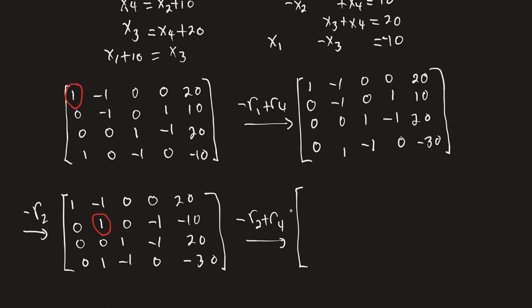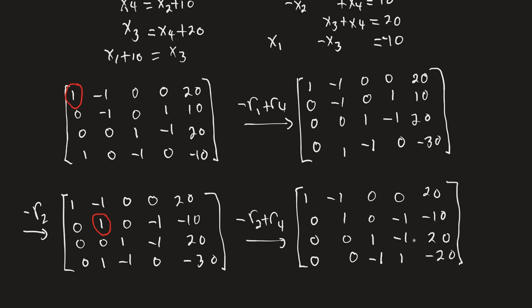So we're going to end up with, maybe I'll go rows this time, 1, -1, 0, 0, 20, 0, 1, 0, -1, -10, 0, 0, 1, -1, 20. And then now the fourth row will change. We end up getting a 0, 0, -1, 1, -20.